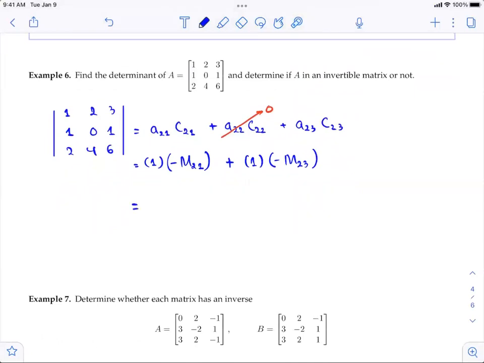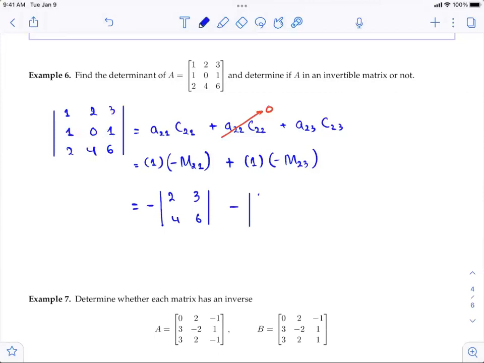So 1 times negative M21, so it's negative of the determinant. For M21, we choose this entry, delete the corresponding row and the corresponding column, and we're left with the entries 2, 3, 4, 6, minus M23. Right, so we're going to choose this entry, delete the corresponding column and the corresponding row.